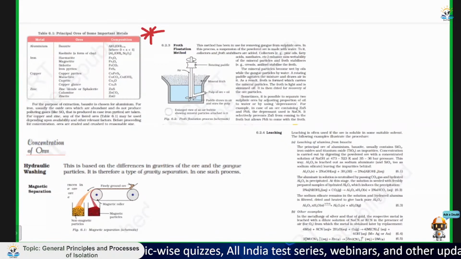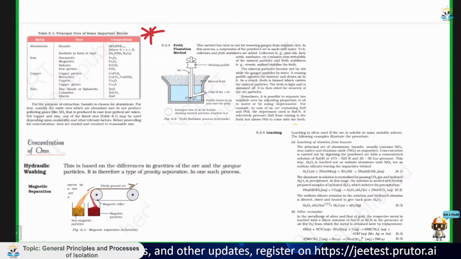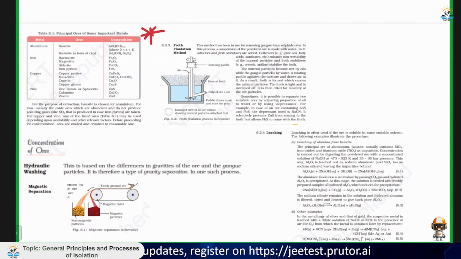Basically, you take water and add the powdered sulfide ore. Then you add collectors. The collector's duty is to produce froth. Collectors are pine oils, fatty acids, xanthates, etc. They enhance the non-wettability of the mineral particles.